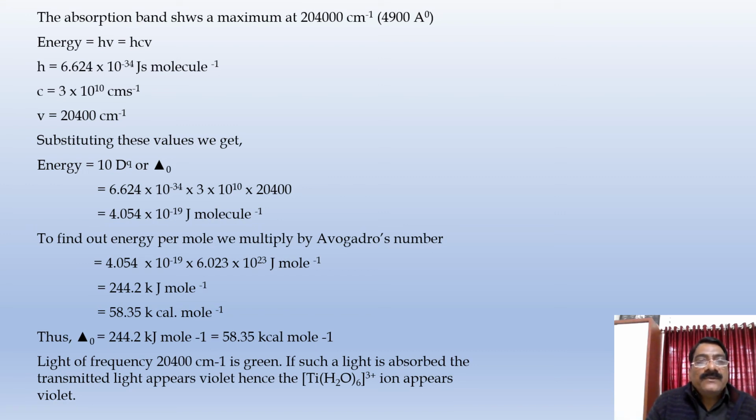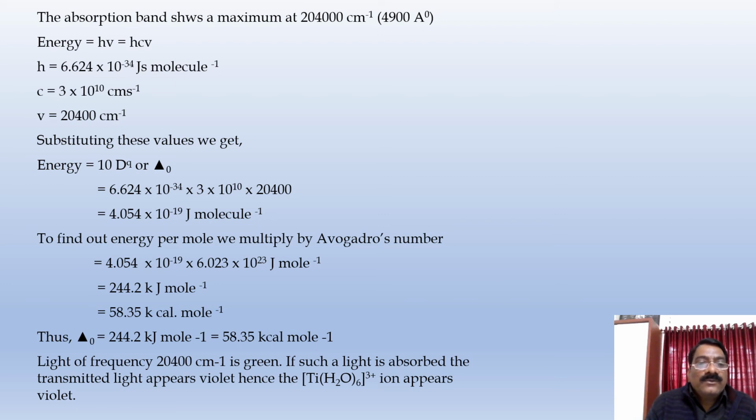Substituting these values, we get the energy 10 Dq or delta O as 4.045 × 10^-19 joule. To find out the energy per mole, we multiply by Avogadro's number: 4.05 × 10^-19 × 6.023 × 10^23 joules per mole.